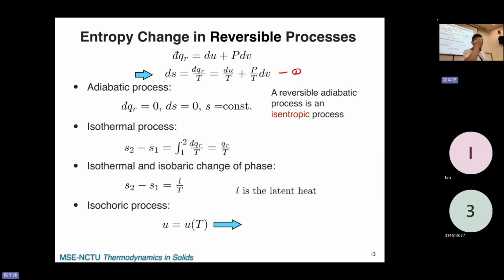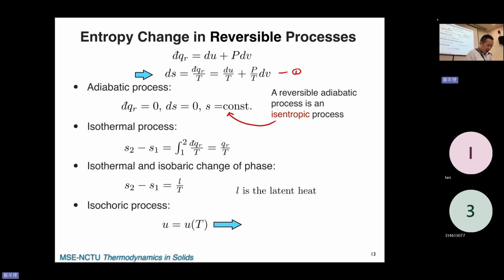So we need to apply the dS equation 1 to an adiabatic process. An adiabatic process means that đQ equals 0, no problem. So make this one 0, so dS equals 0, so S equals constant. Which means that a reversible adiabatic process is an isentropic process, where there's no S change. Isentropic means S equals constant, simply as that.